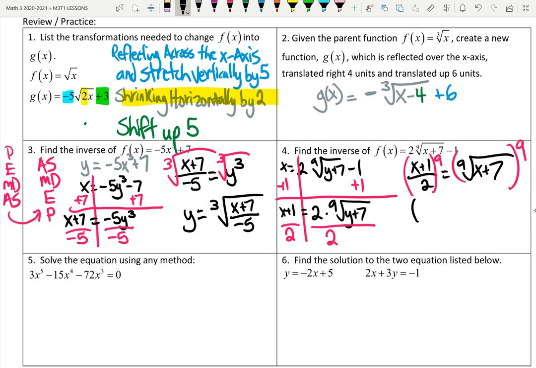So it's going to leave me with x plus 1 over 2 to the ninth power equals y plus 7. To get y by itself, I'm going to subtract 7 from both sides. So y is going to be equal to x plus 1 divided by 2, to the ninth power, minus 7.